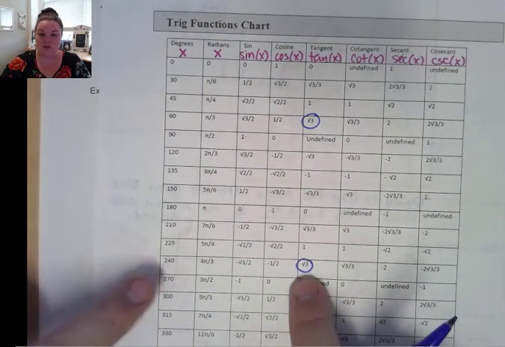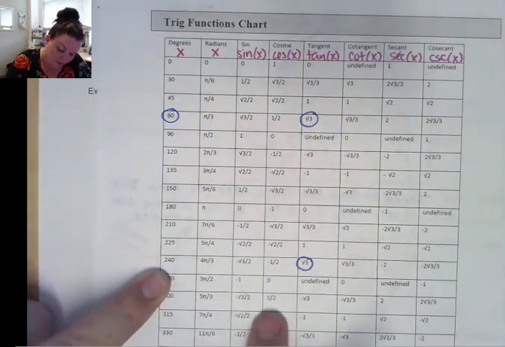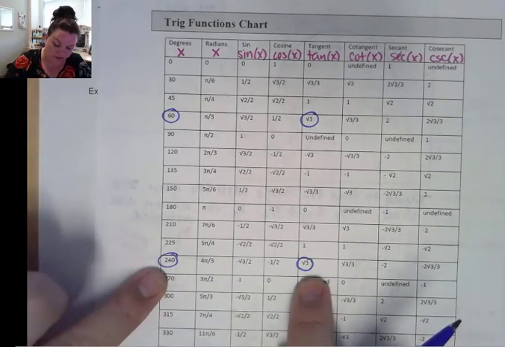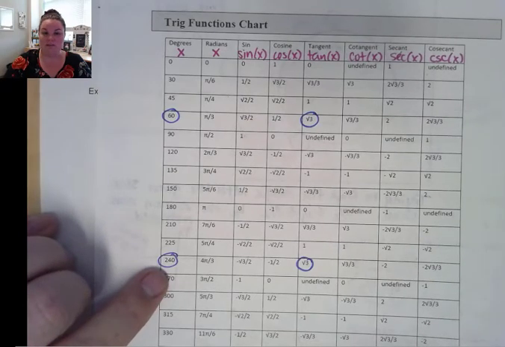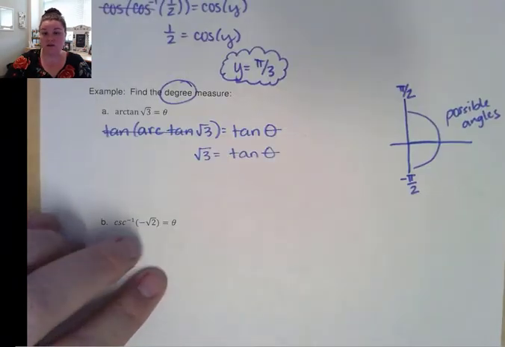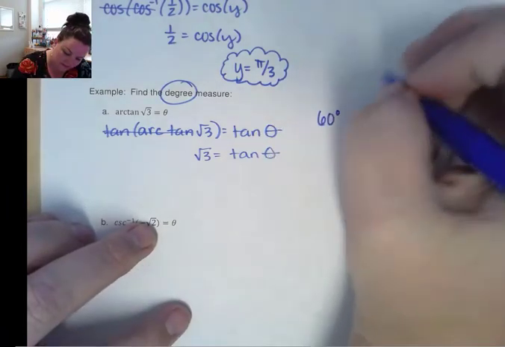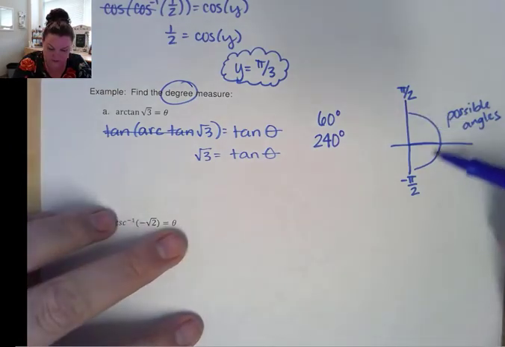So I have two possible answers: 60 degrees has a tangent value of square root of 3, and 240 degrees has a tangent value of square root of 3. So I have to think about where those are. It's either 60 degrees or 240, or it could be both.